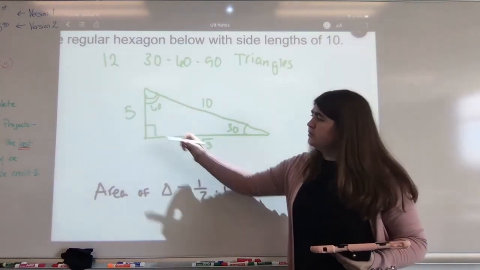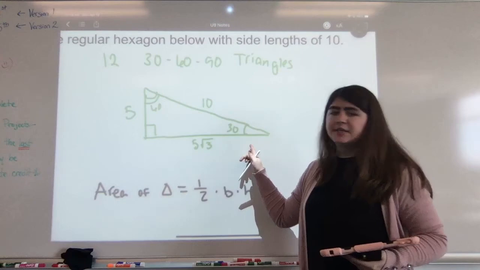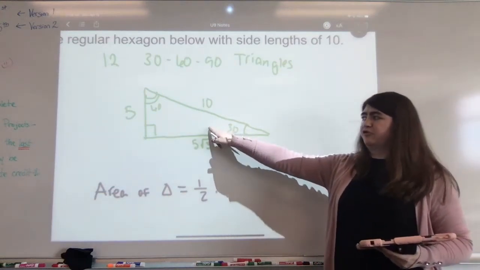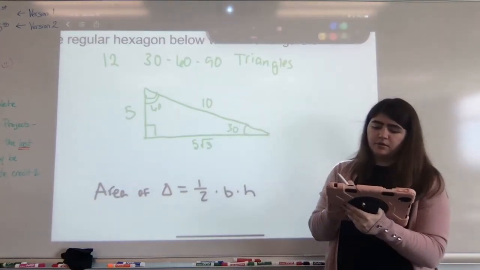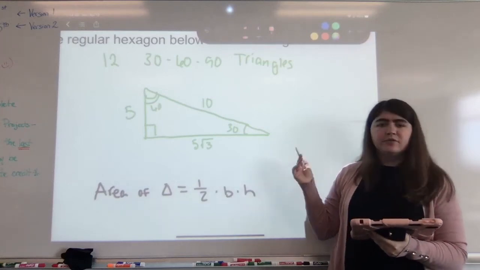Now I can use my base and my height to find the area of this one triangle. But the thing is, we don't just have one triangle, we have 12 of them.